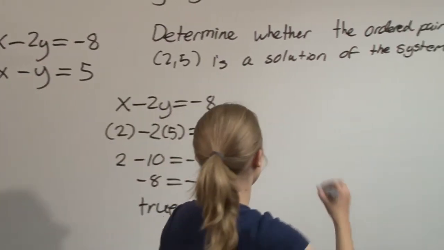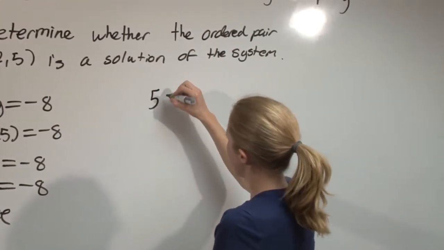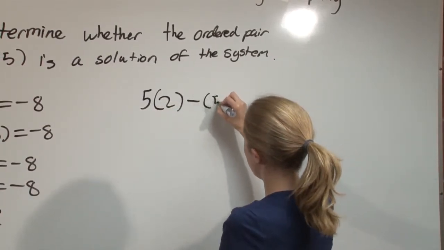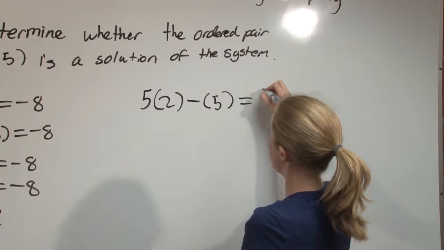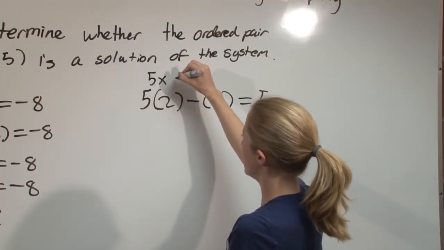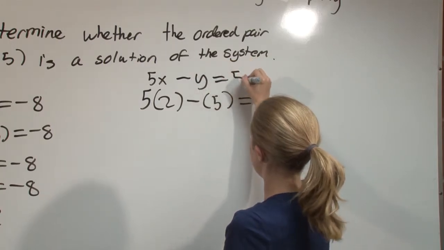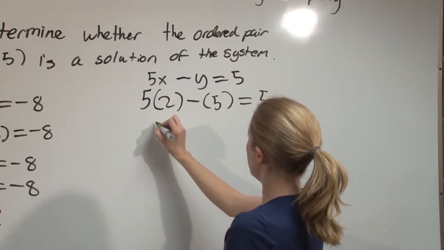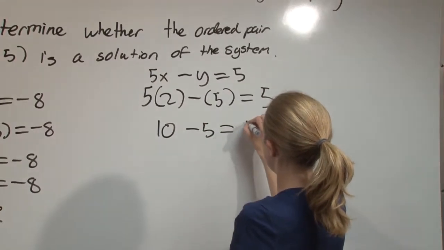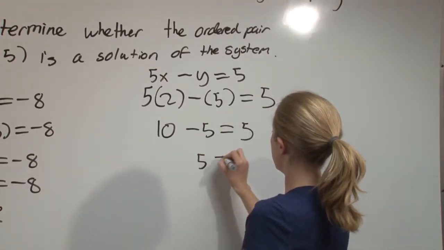So now we need to try the other equation. Again, I'm substituting 2 for x and 5 for y. I guess I could write which equation I'm using up here. So that's going to be 10 minus 5 equals 5.